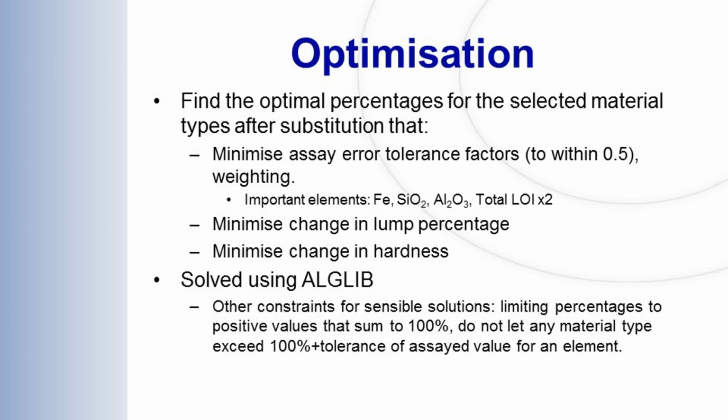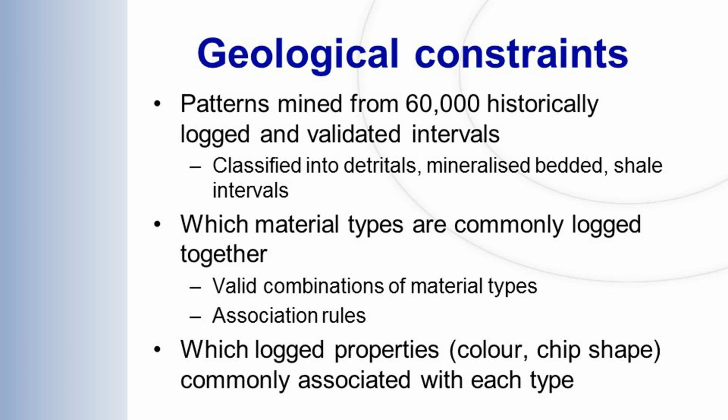For example, if your silica assay is, say, 10%, then you don't want any one material type to contribute more than 10% silica overall. So that's how we're exchanging the material types and getting the right percentages to satisfy the hardness and the assay constraints.